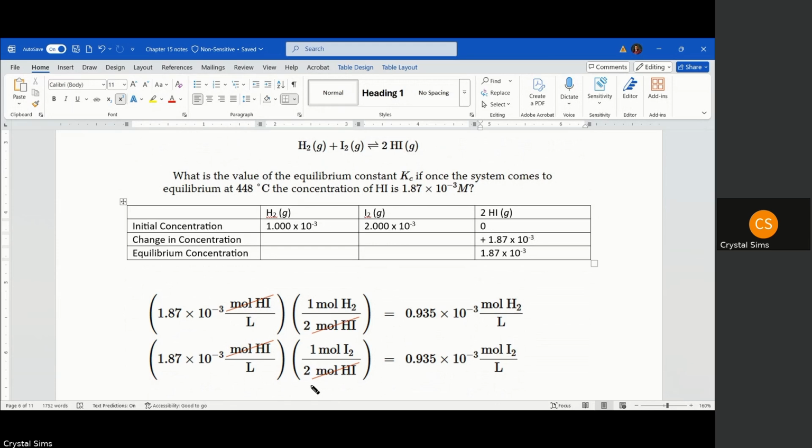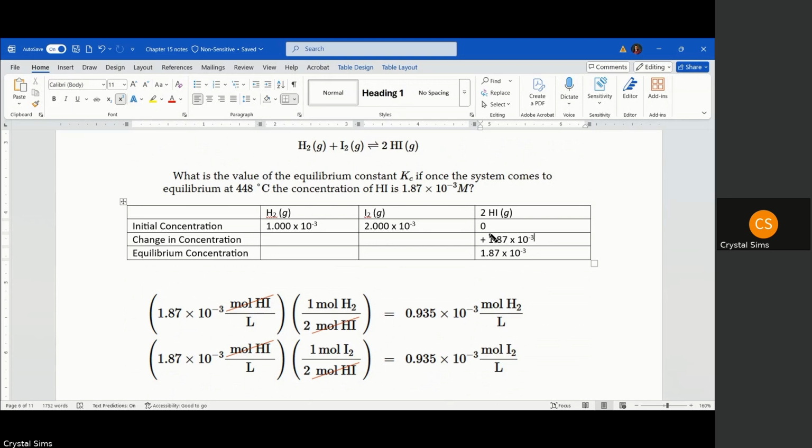And so my mole to mole ratio is the same, 2 moles of HI for every 1 mole of I2. So when we do the math here, this is our change in concentration. Now, remember that since these are the reactants, the change is negative.